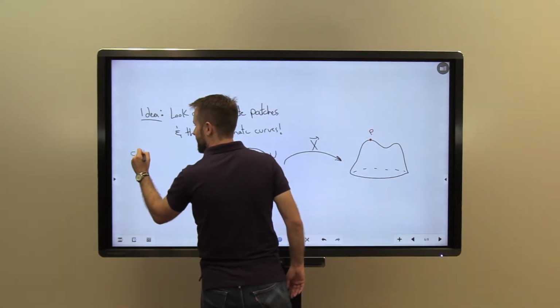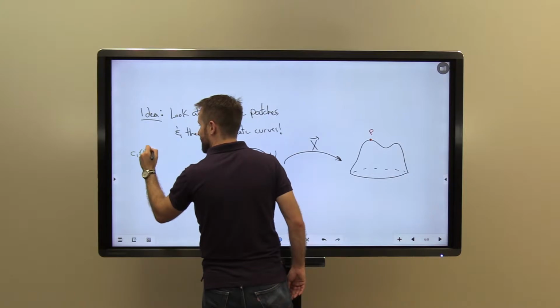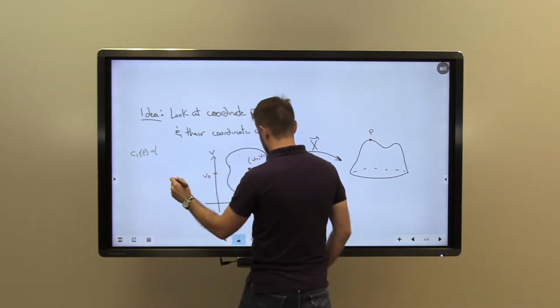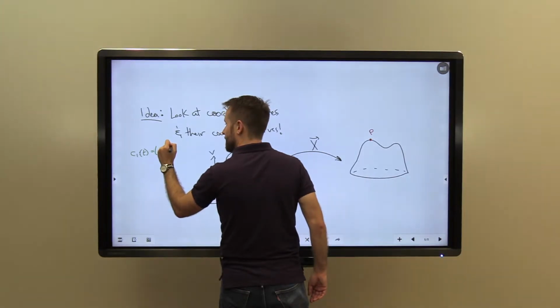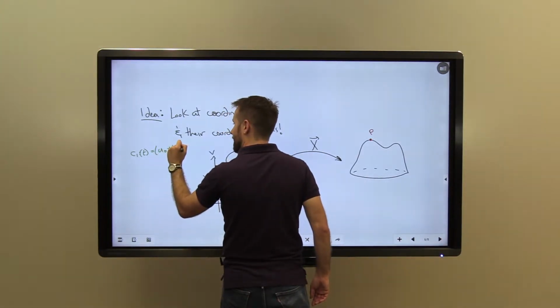Specifically, we'll say C1 of t equals, we're going to let our u coordinate vary with t, so it's going to be u naught plus t, comma v naught.